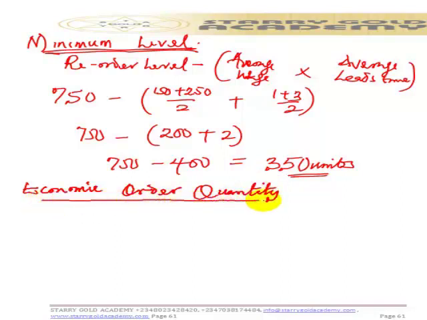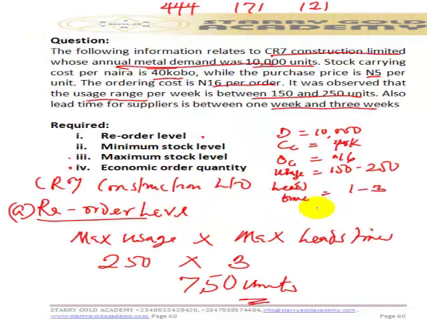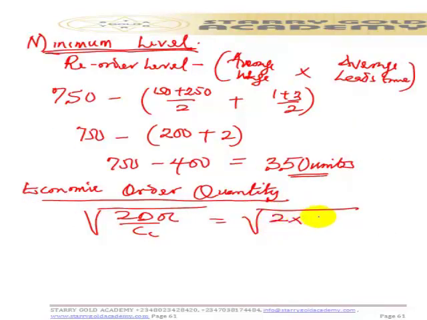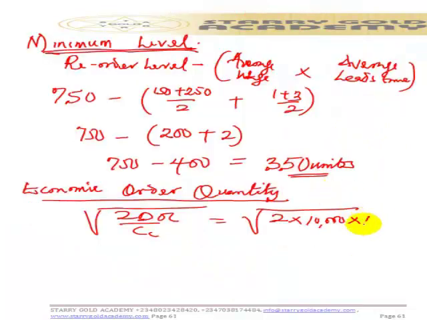Economic order quantity. The economic order quantity is given as the square root of 2DOC over CC. So 2 times our annual demand is 10,000, times ordering cost is 16, and the carrying cost we have 0.4.